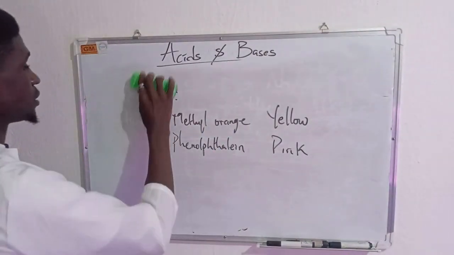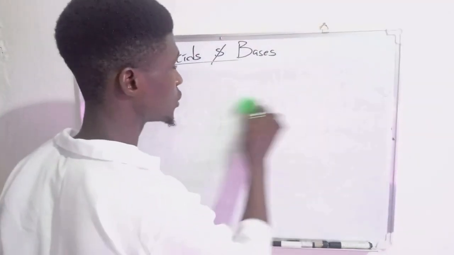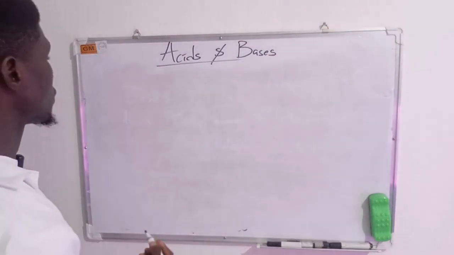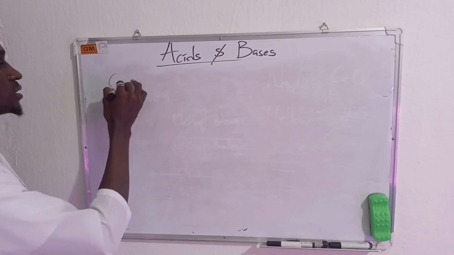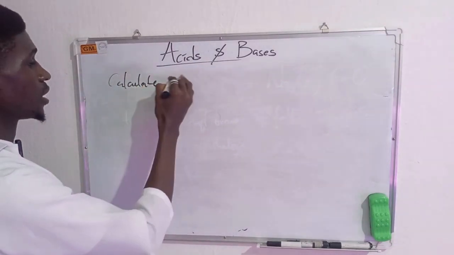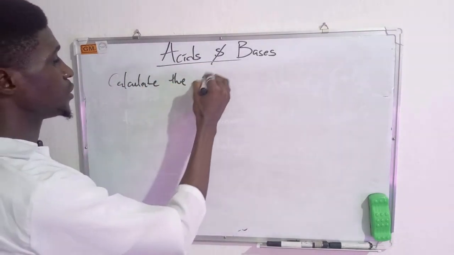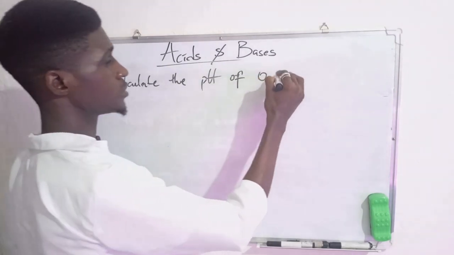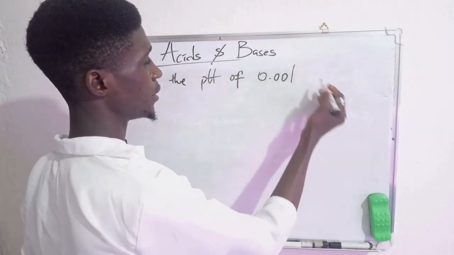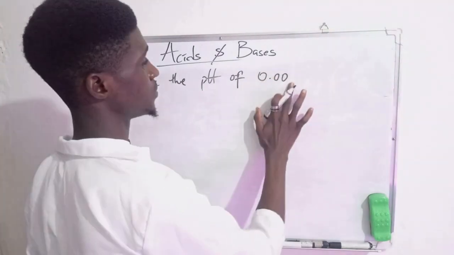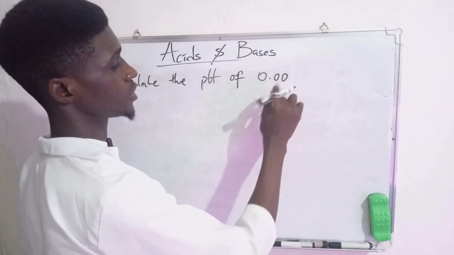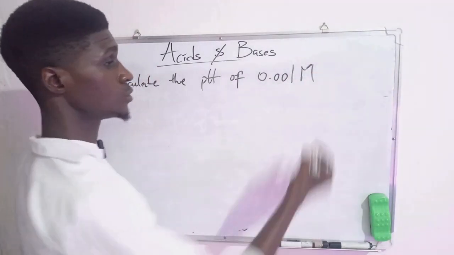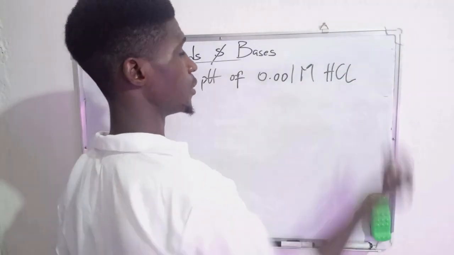So let us briefly see one single calculation on the pH scale. Calculate the pH of 0.001 molar solution of HCl.